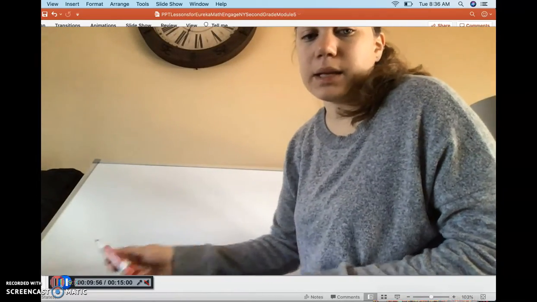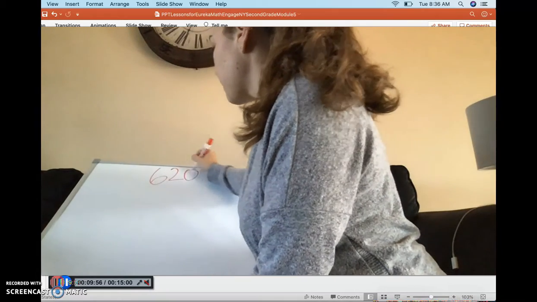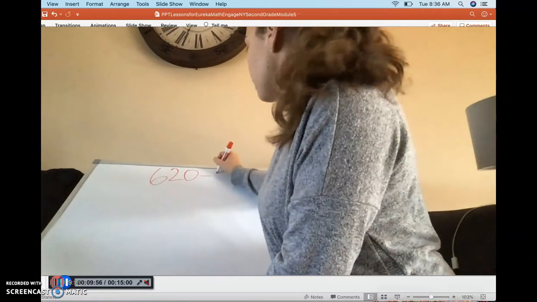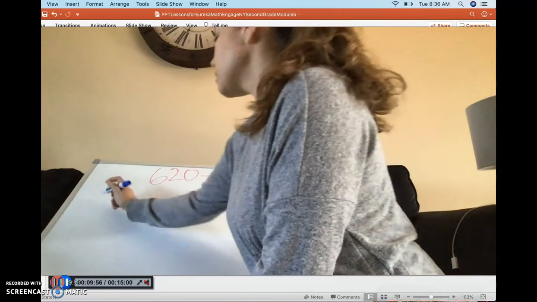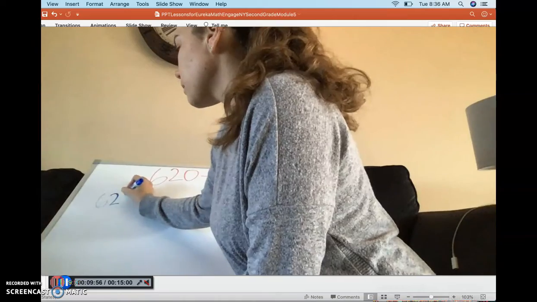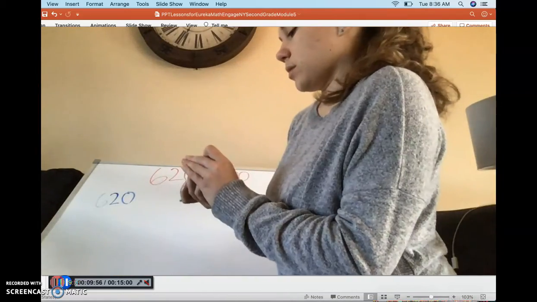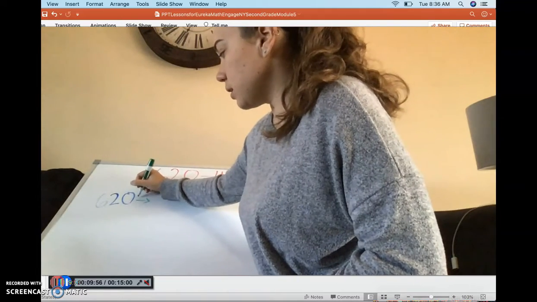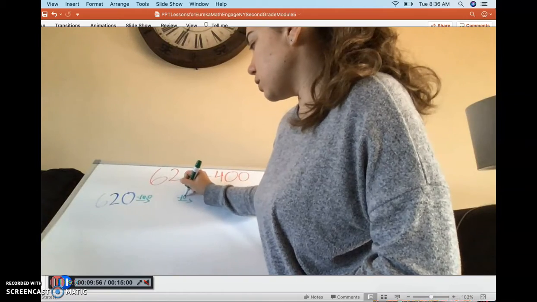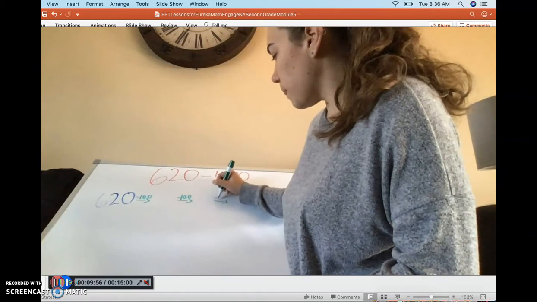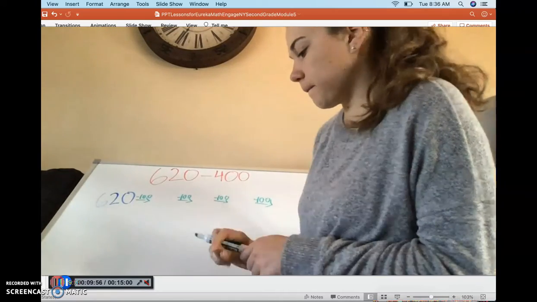So our first problem is 620 minus 400. So we have 620, and we need to show our arrow of taking away 100 4 times. So 1, 2, 3, 4.